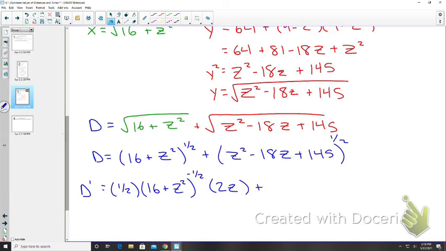Again we take the derivative: 1/2 comes out front, and we're left with z squared minus 18z plus 145 to the exponent negative 1/2, multiplied by the derivative of what is inside those brackets, so we will get 2z minus 18.